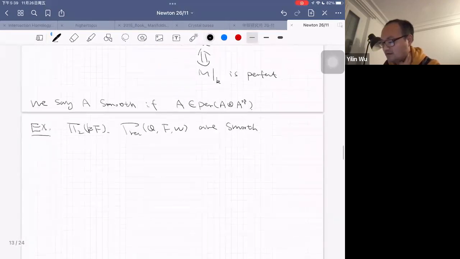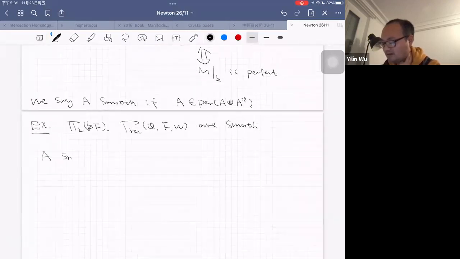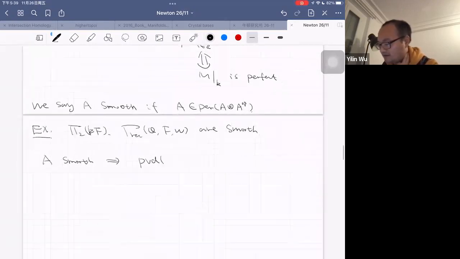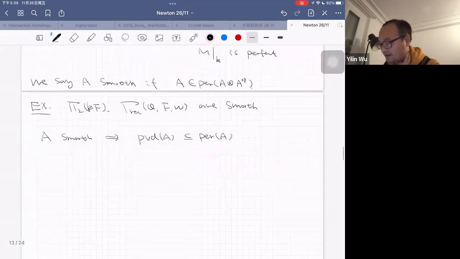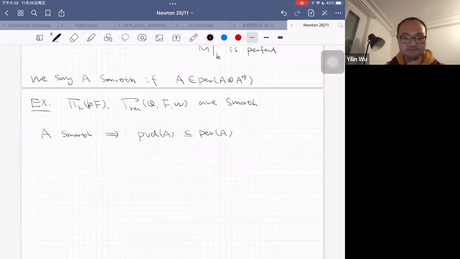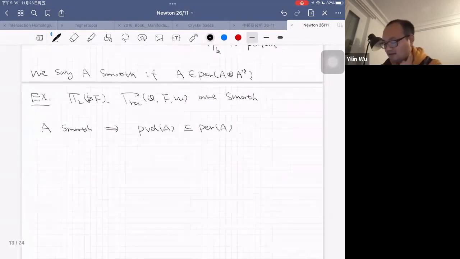If you have a smooth DG algebra, then the perfect valued derived category is a subcategory of the perfect derived category of A. So now we can define the relative cluster category.